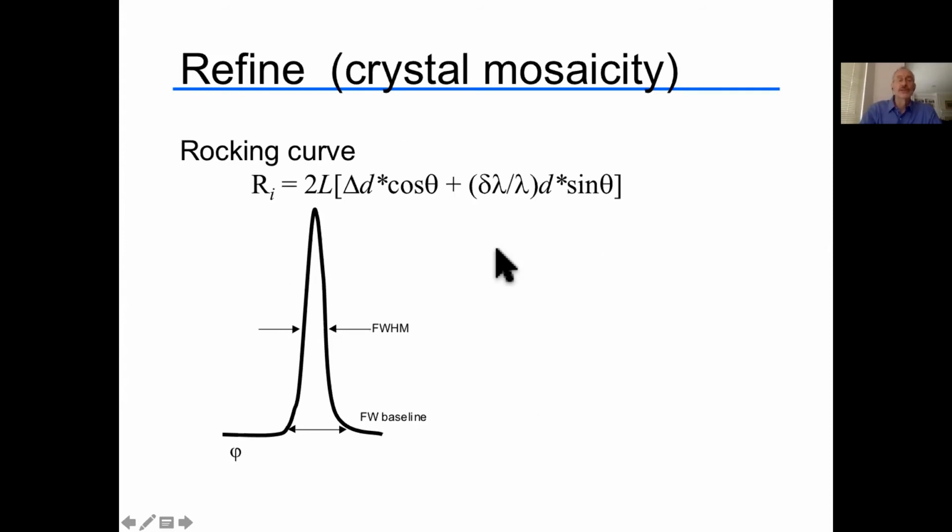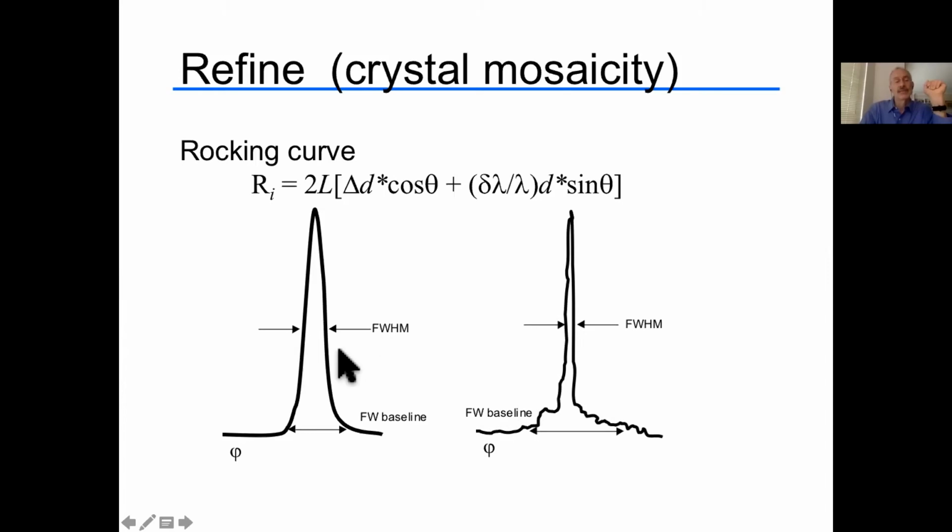standard least squares. The crystal mosaicity is not part of that, and it can be problematic because we want to know how much time, how much angle a spot fits through the rocking curve of the experiment. And they're measured different ways. This shows the equation for a rocking curve. And it's problematic because it isn't always a nice Gaussian.